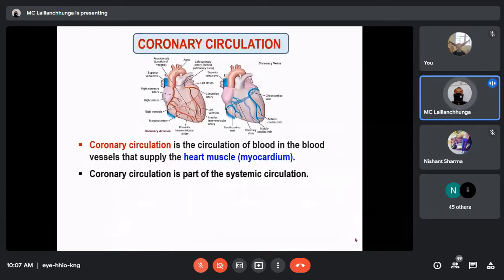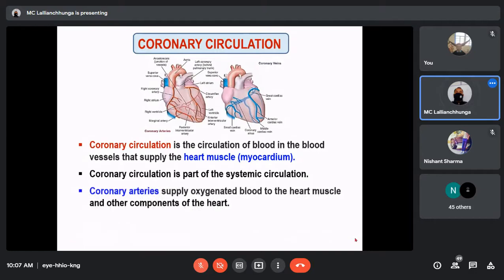So coronary circulation is a part of systemic circulation. Coronary arteries supply oxygenated blood to the heart muscle and other components of the heart.